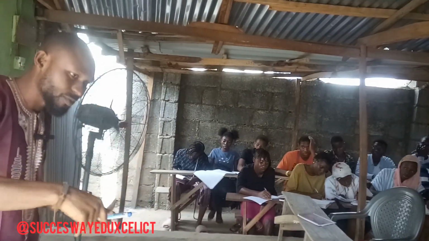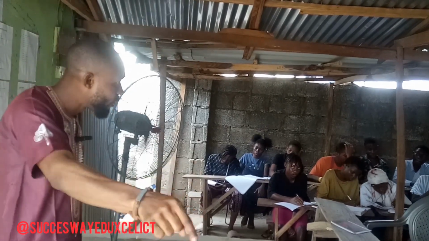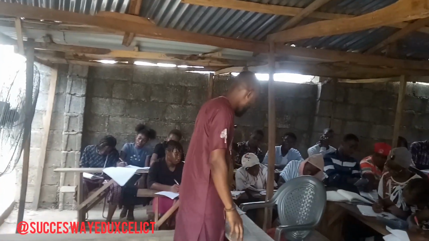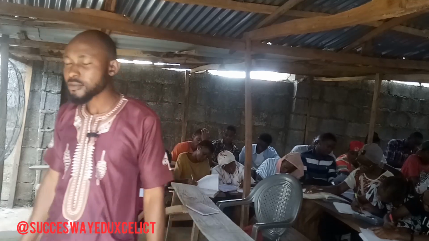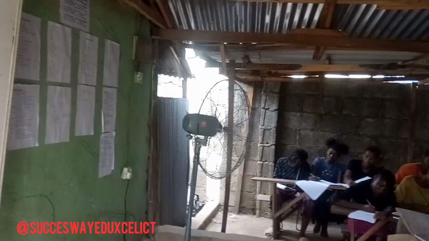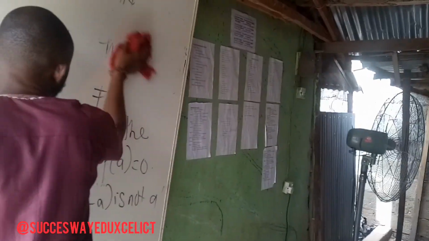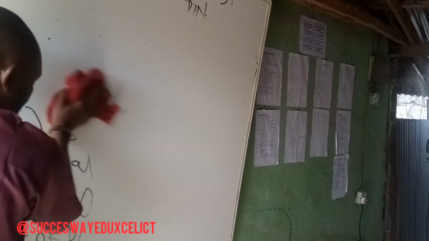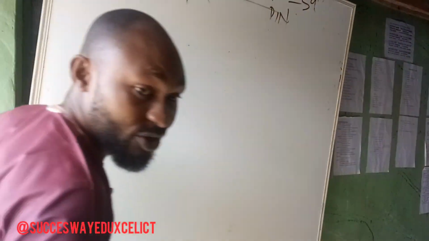They say try others, because the question says which of these are factors. So we might end up having more than one factor. Try others first and tell me how many are factors out of the 3 options. x plus 1 is a factor.